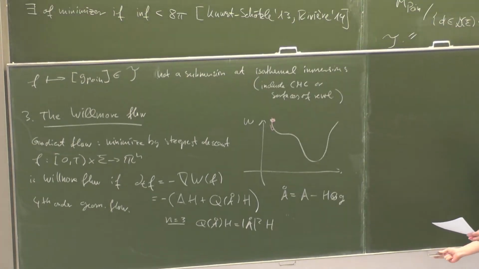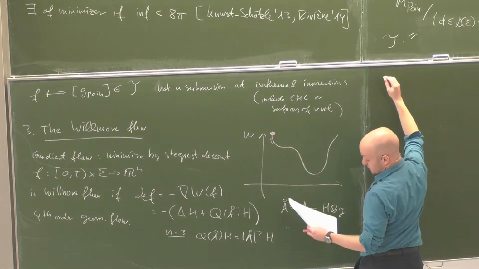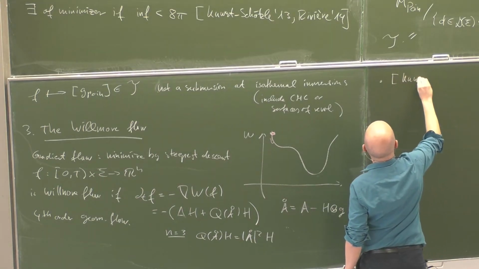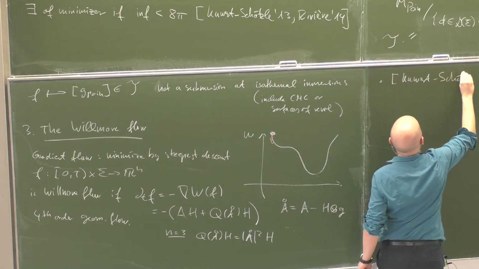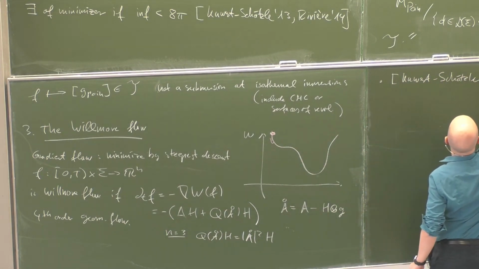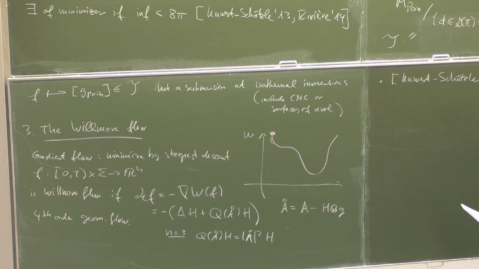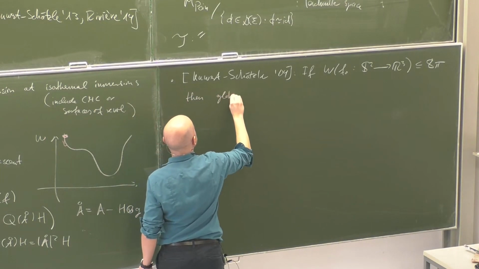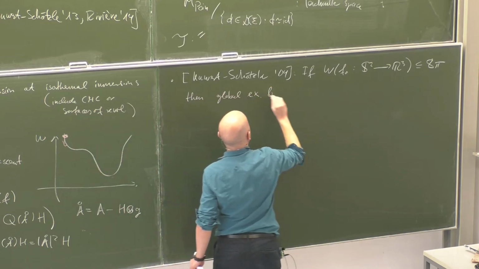There is, however, some work on the Willmore flow already. Again, mention Kuwert and Schätzle in their paper from 2004, which gives that if we have an initial datum from the sphere in R3 with Willmore energy less than 8 pi, then we have global existence and convergence.